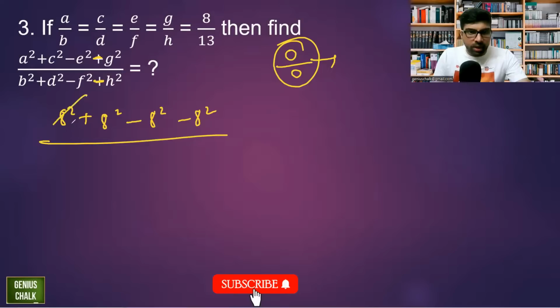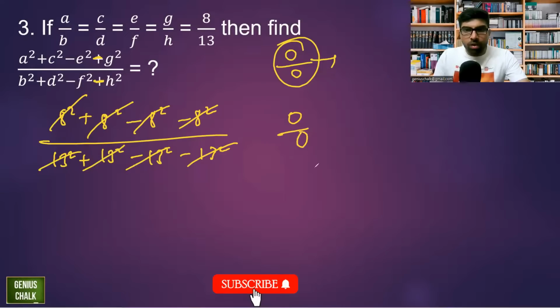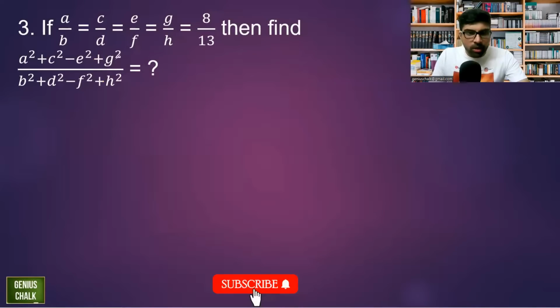You can see that it is cancelling, so it is 0. Similarly, 13 square plus 13 square minus 13 square minus 13 square. Again, everything is getting cancelled. So this form you will never get. If you get this form, the answer is undefined. That's why the examiner will not give this form, and why he is using a plus sign here, right?